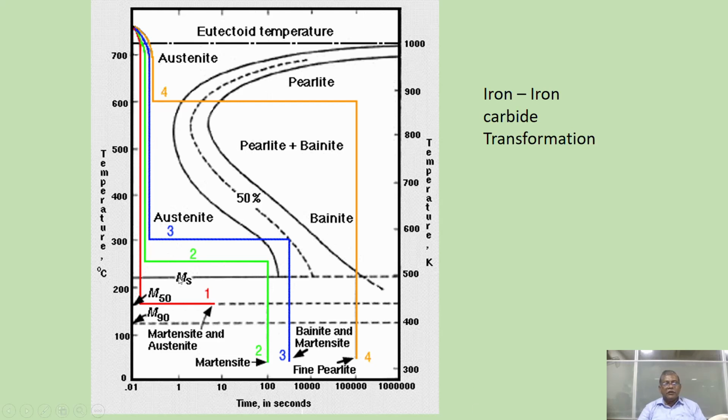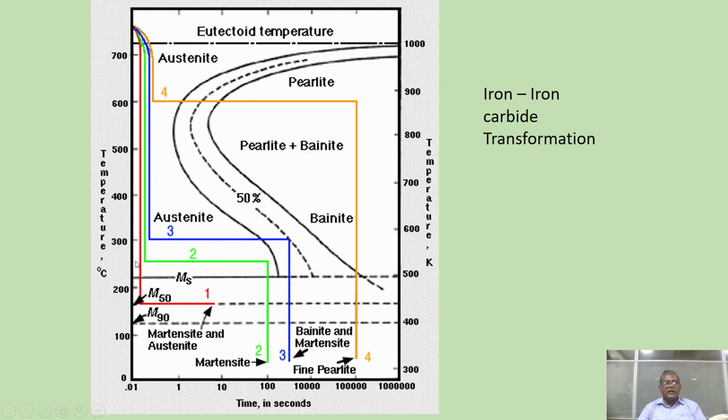Here you can see that martensite start. So you cool very fast, and then after that maintain the temperature below this line. If you cool it, you will get martensite. Here it touches this bainite region, so you'll get some amount of bainite as well as martensite.